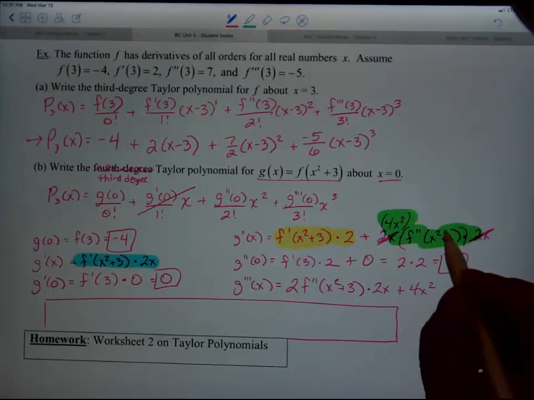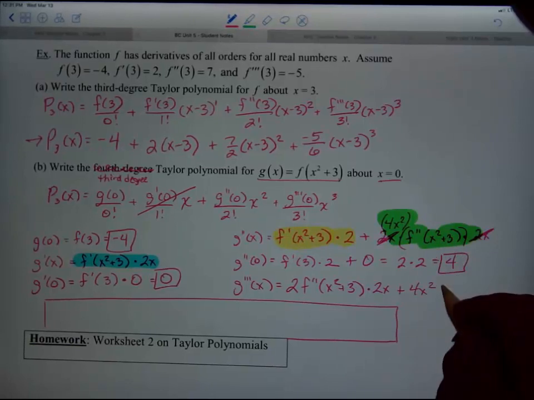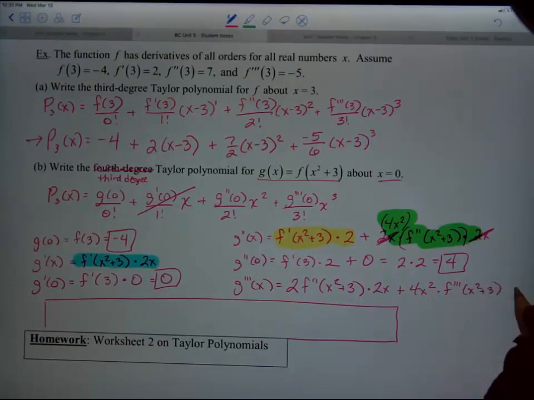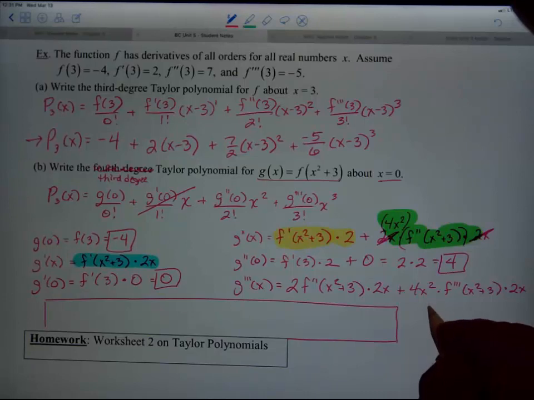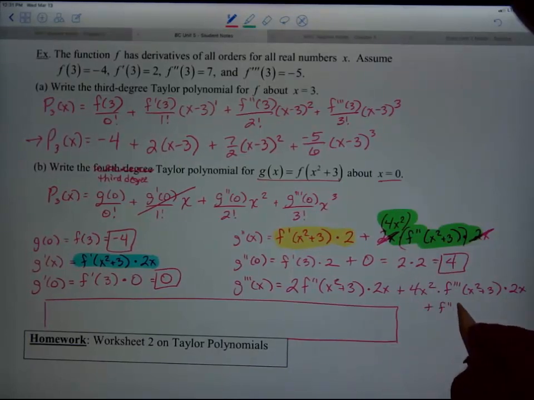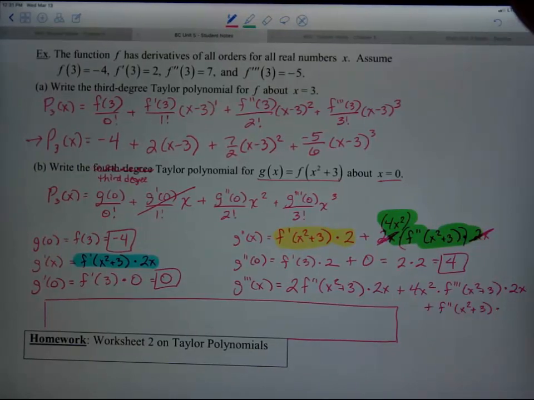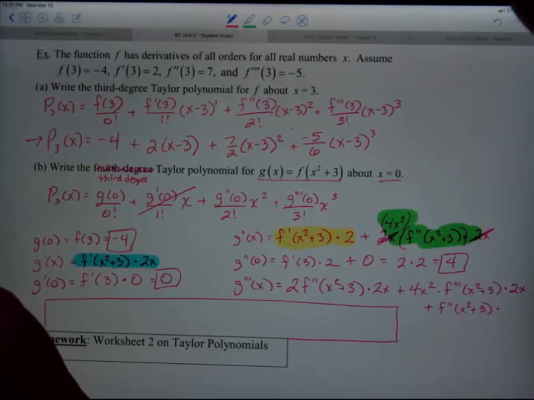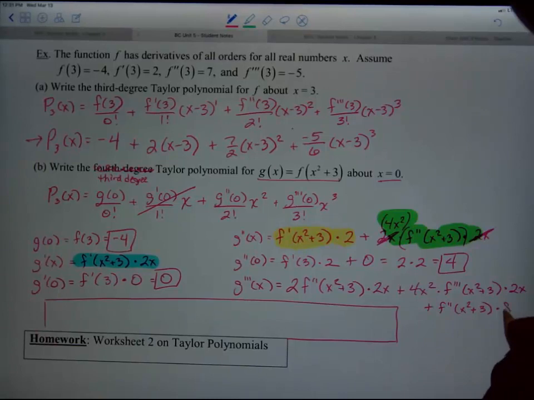D2 is going to be f triple prime of x squared plus 3 times that 2x again, plus 2, which is the double prime, times the derivative of 4x squared. What's the derivative of 4x squared? 8x. Okay.